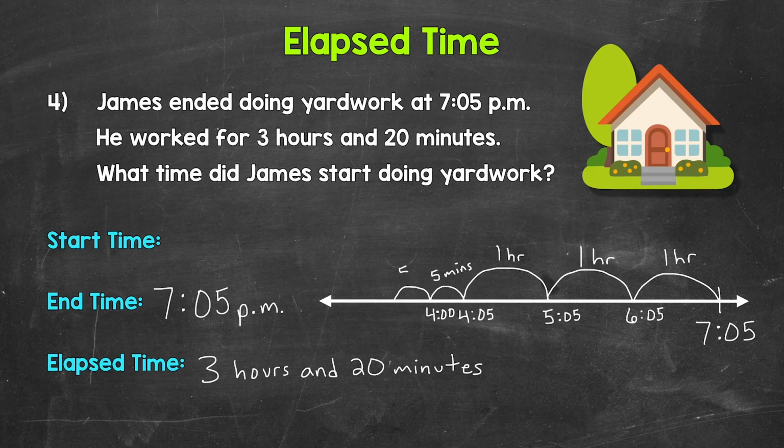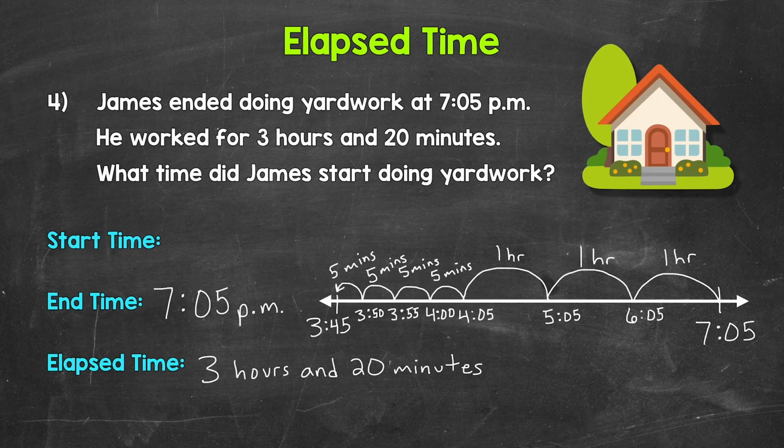So another 5-minute jump brings us to 3:55. Another 5 minutes brings us to 3:50. And then our last 5-minute jump brings us to 3:45. And that's our start time, 3:45 p.m.